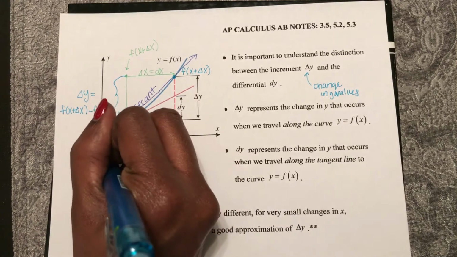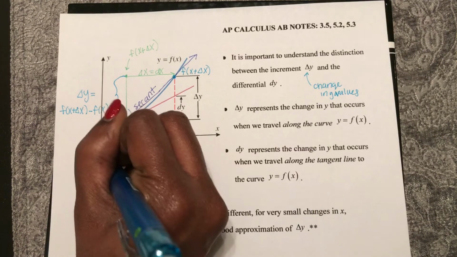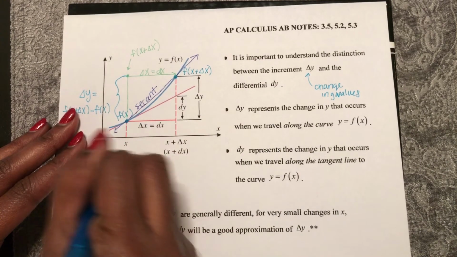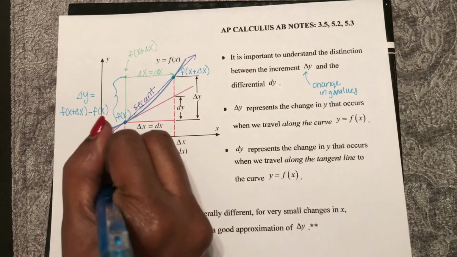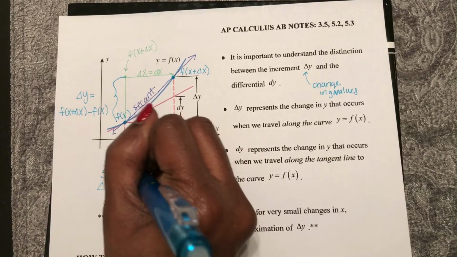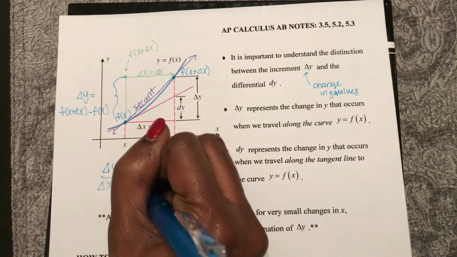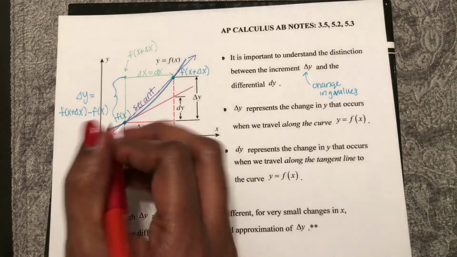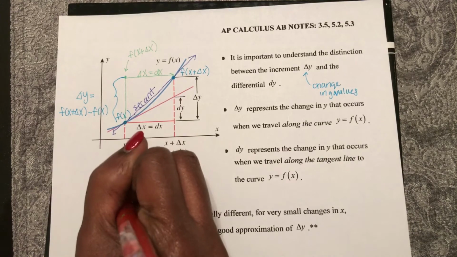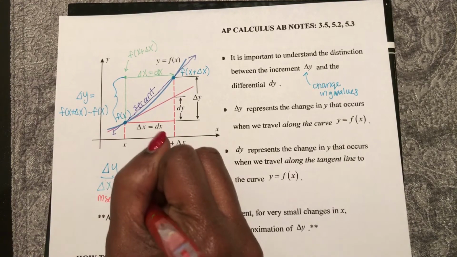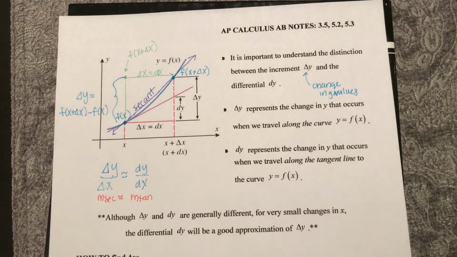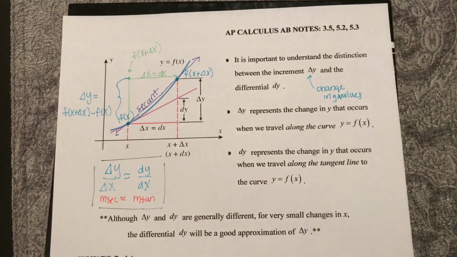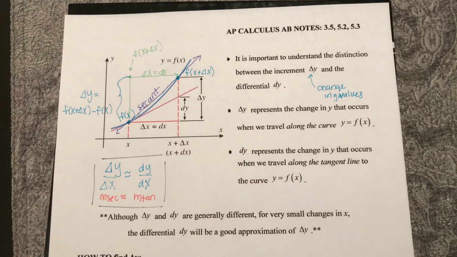So the main summary is delta y over delta x is approximately the same slope as dy dx. That is, the slope of our secant line is approximately the slope of our tangent line if we look at those pieces as differentials.